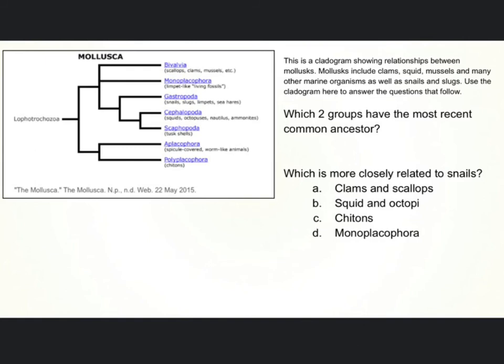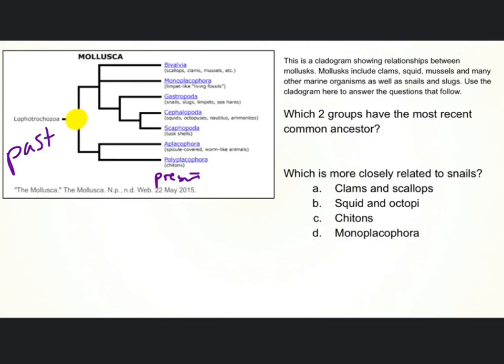So this is a cladogram that shows relationships between mollusks. So this is everything from snails and slugs to octopuses and mussels and scallops and things you've never heard of that live in the bottom of the ocean. So which two groups have got the most recent common ancestor? Remember that when we're looking at this, this is the present, this is the past.